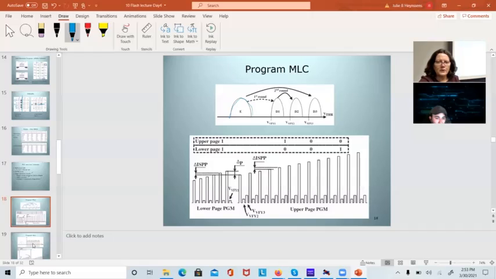The ones I want to program into my first threshold voltage state, D1 and D2, get programmed in the first round to this lower threshold voltage. Then I take the ones that I want to store D2 in and I add more electrons. For some reason, they found that this process was probably too slow to do a third round going from D2 to D3. So anything I want to program to D3, I'm just going to do directly.